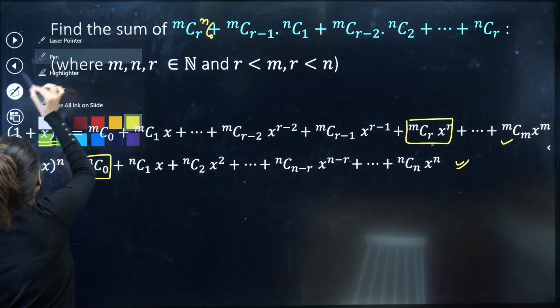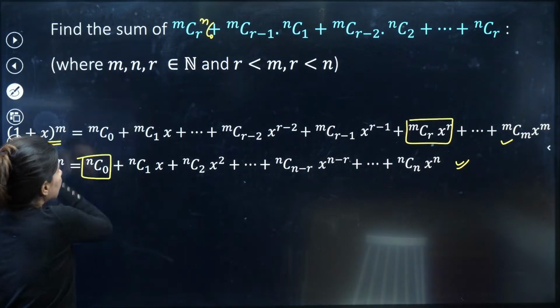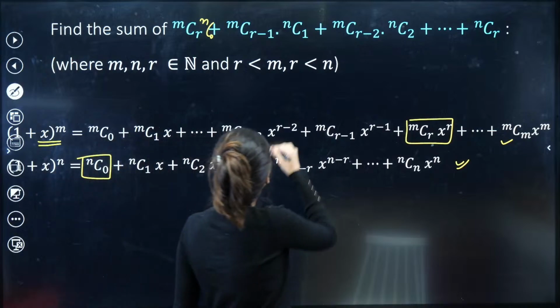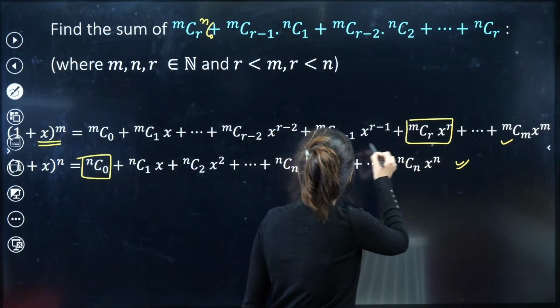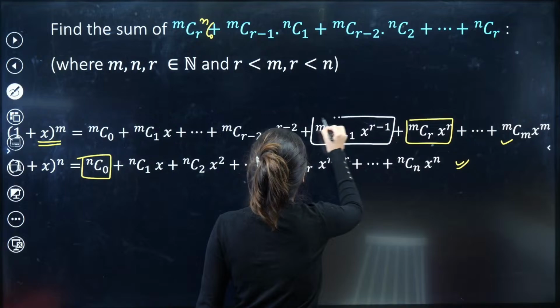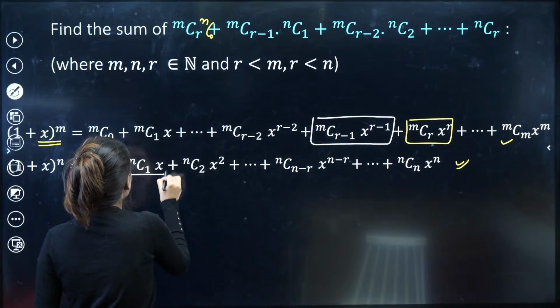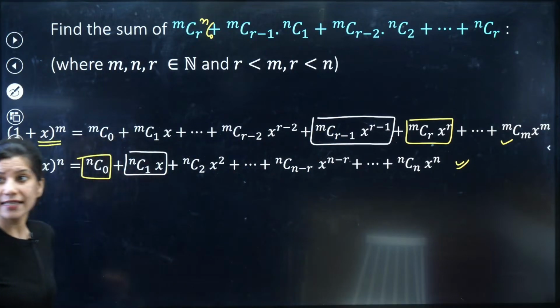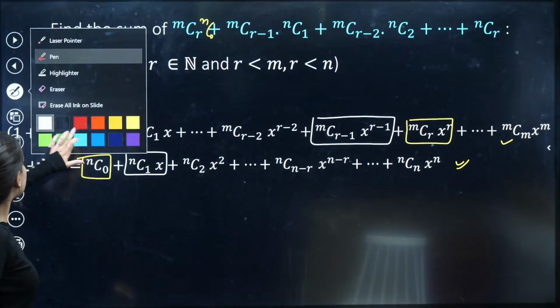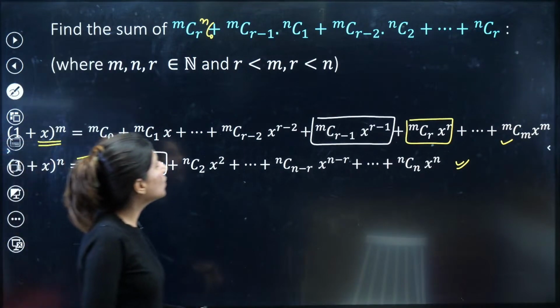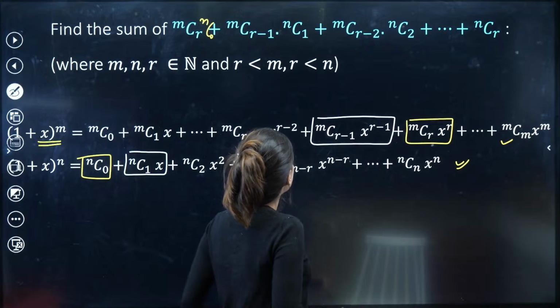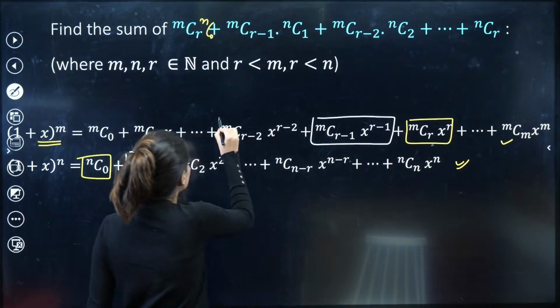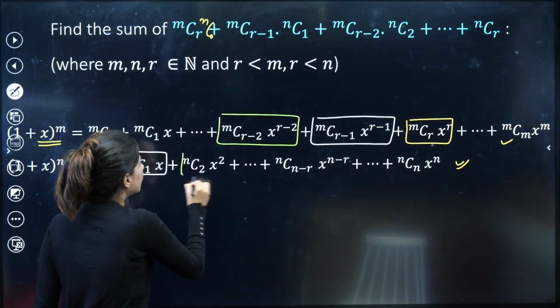Next, what do you want? mC(r-1). So you want to multiply this with nC1. Next term, how will you achieve it? You would want to multiply mC(r-2) with nC2. That means this gets multiplied with this.